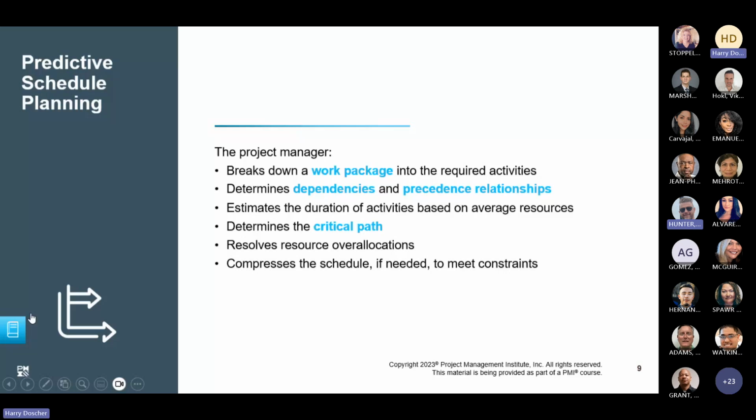History, determine how many resources you have, how many you need, and go back to the key stakeholders and let them know what the duration has to be, and then they'll tell you to pull in the date. But we won't get into that.